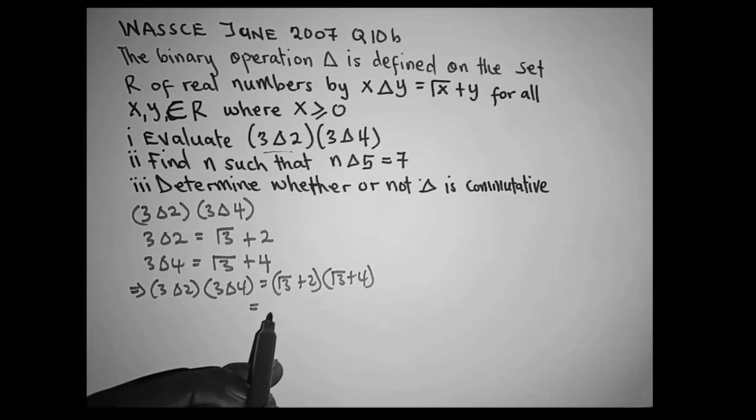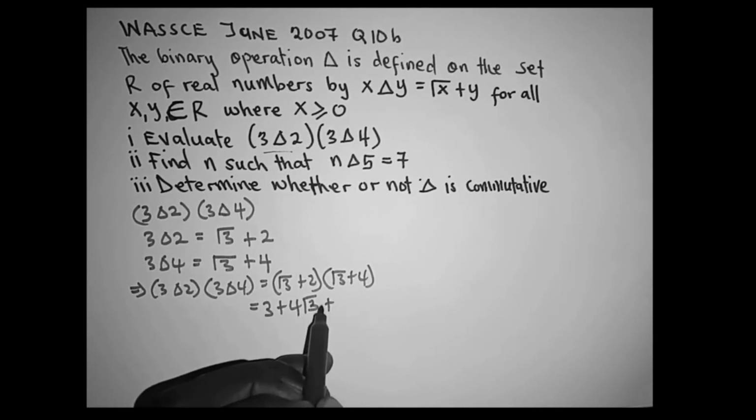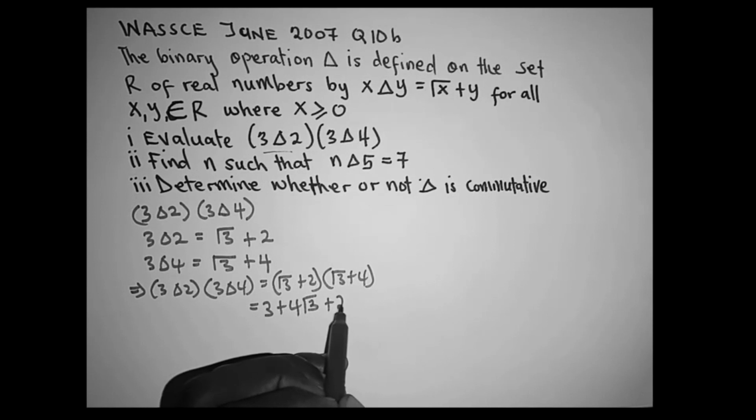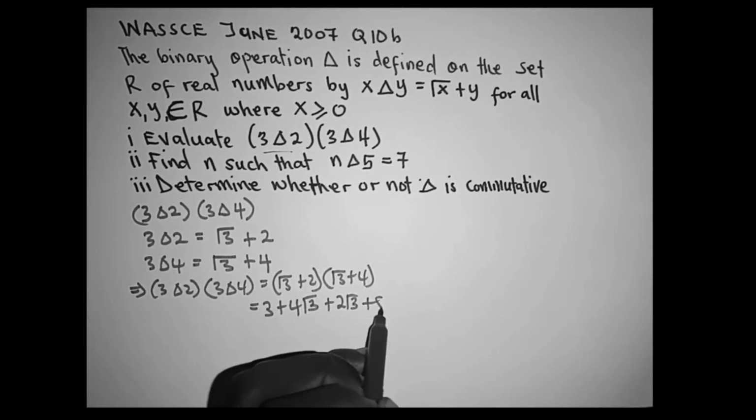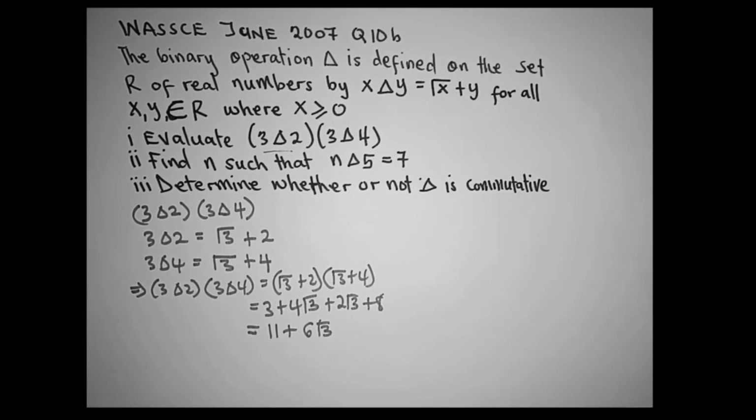This is equal to root 3 times root 3 is 3, plus 4 times root 3 is 4 root 3, plus 2 times root 3 is 2 root 3, and 2 times 4 is 8. And 3 plus 8 is 11, plus 4 root 3 plus 2 root 3 is 6 root 3. So the final answer becomes 11 plus 6 root 3.